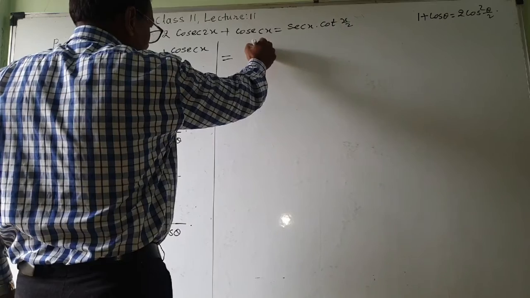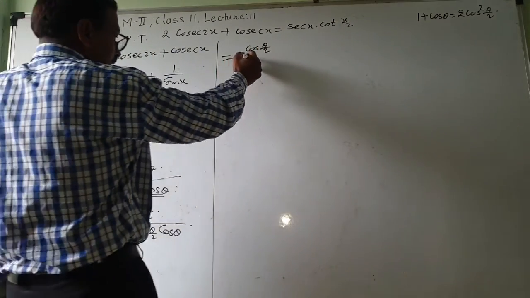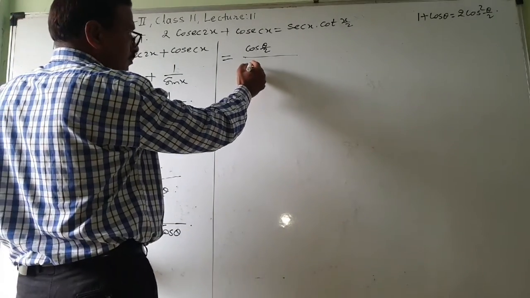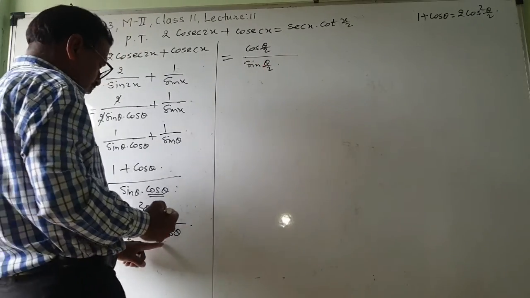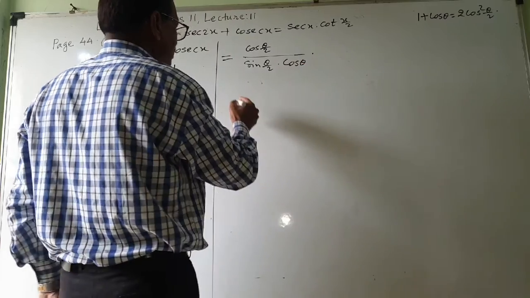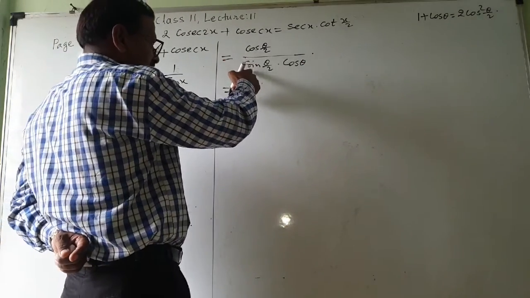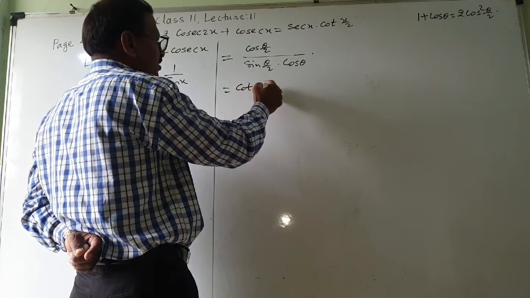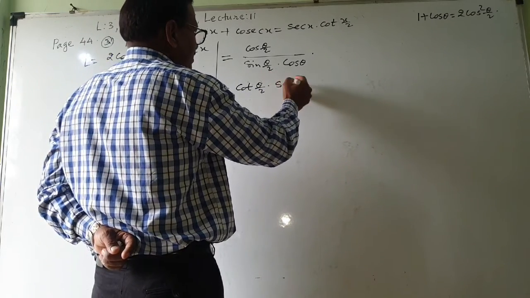So cos of theta by 2 will remain upon sine theta by 2 into this cos theta. So that is nothing but cos upon sine, which means cot of theta by 2, into 1 upon cos, which means sec theta.